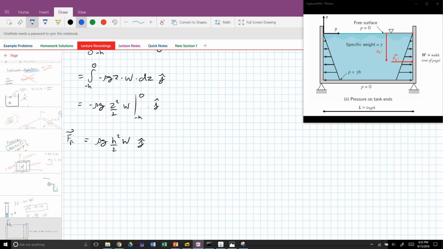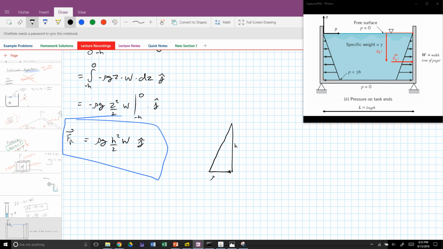I'm going to introduce a concept called the pressure prism right now. So if we look at this distribution of pressure along the wall, as said earlier, it takes on this triangular form, right? So this side has height H. The pressure acting at the bottom is rho g H, and then this is acting along a wall that is W wide.